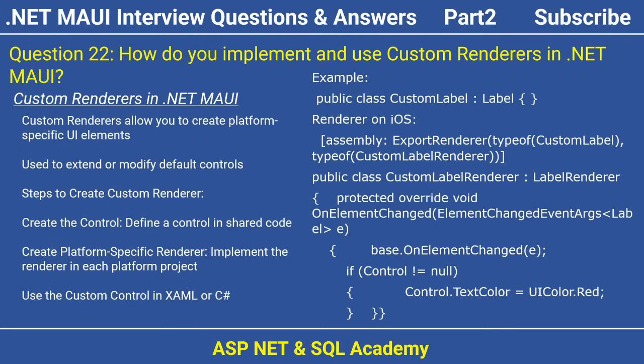Create a platform-specific renderer in each platform's project to override the default behavior. For example, on iOS, you can create a renderer to change the text color of your custom label. While .NET MAUI uses native controls under the hood, custom renderers allow you to take full control of platform-specific features.